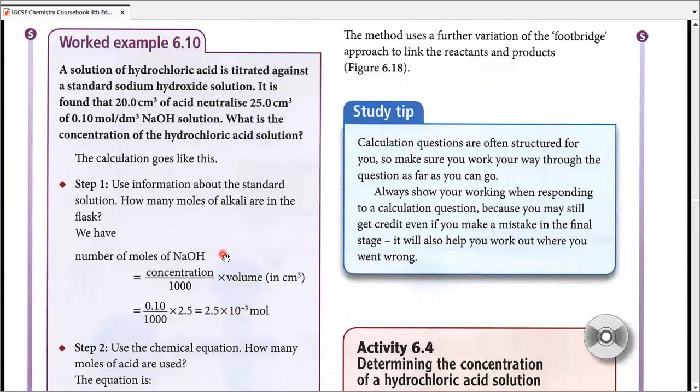Worked example 6.10 says a solution of hydrochloric acid is titrated against a solution of sodium hydroxide. It is found that 20 cubic centimeter of acid neutralizes 25 cubic centimeter of 0.1 mole per decimeter cube, the molar concentration of sodium hydroxide. So what is the concentration of hydrochloric acid solution?